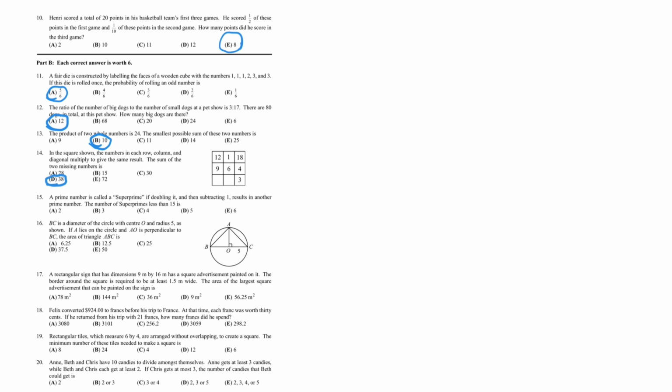Number 15. A prime number is called a superprime if doubling it and then subtracting 1 results in another prime number. The number of superprimes less than 15 is... The prime numbers less than 15 are 2, 3, 5, 7, 11, 13. That's all the prime numbers less than 15.